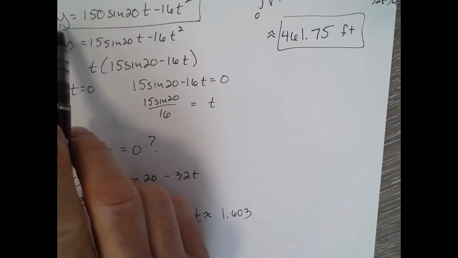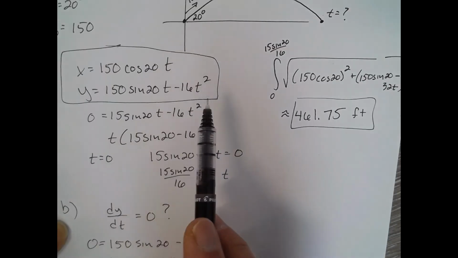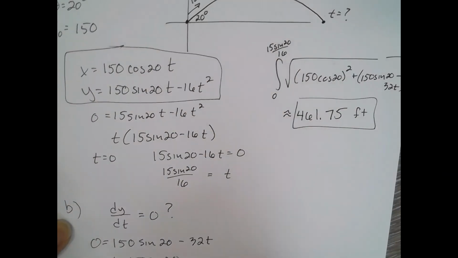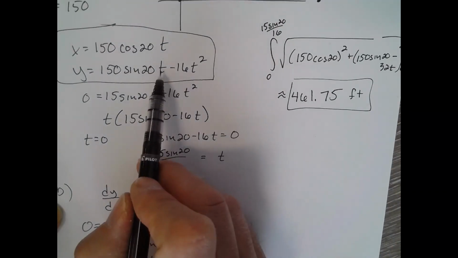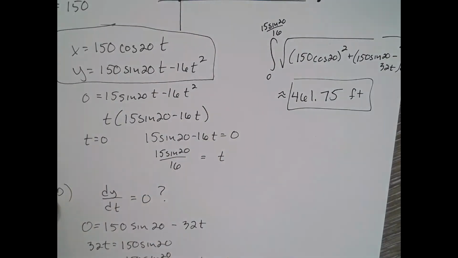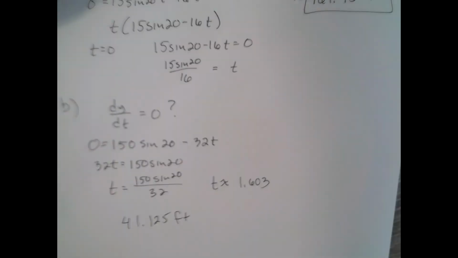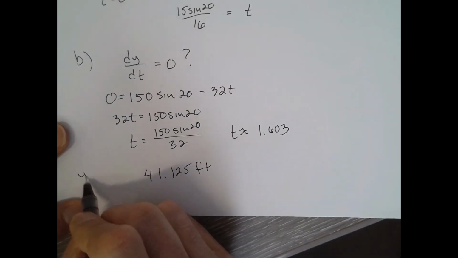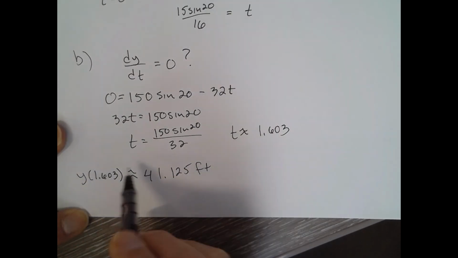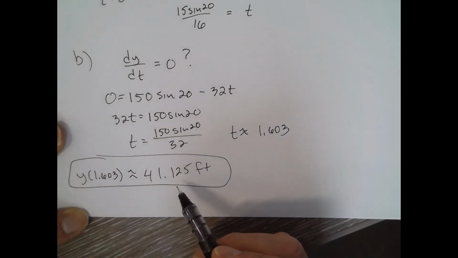So y of 1.603, plug 1.603 in right here, and it looks like I got 41.125 feet high. That's what y of 1.603 is, approximately 41.125 feet high.